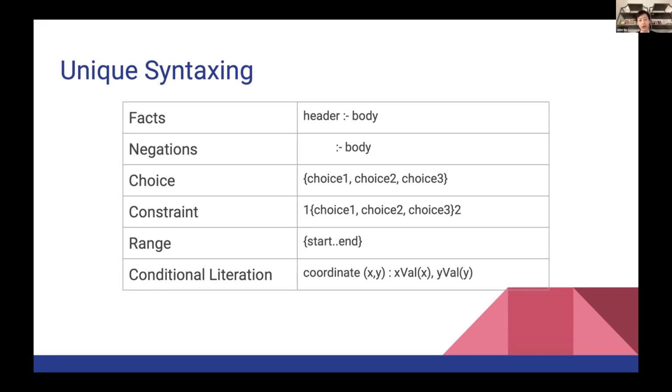We also have range and conditional iteration, which also go together. Range provides all the choices from your start to the end, so you can do 1 to n, 1 to x, some kind of variable that you can define. Conditional iteration is like a for loop in the sense that for each x value and y value, there's going to be a coordinate x comma y.